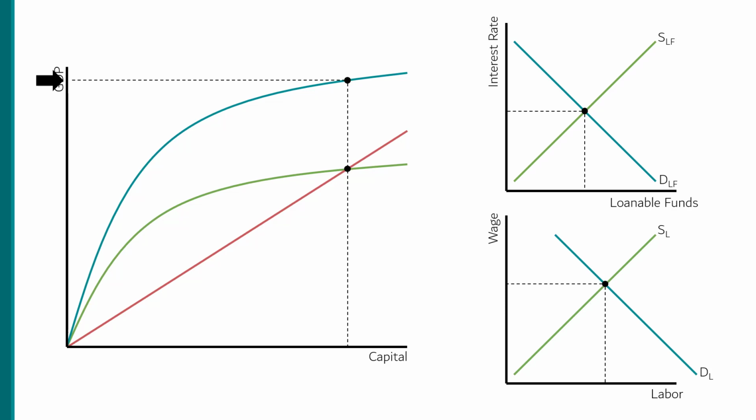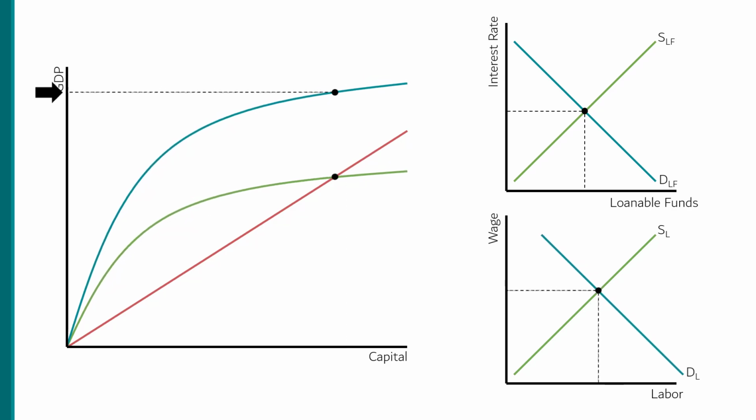With more labor feeding into our production function, it shifts upwards and pulls investment along with it. We can see that our new steady state results in a higher level of real GDP, meaning this economy has experienced growth. That prediction matches reality, which is important if we want to use our model to make other predictions.